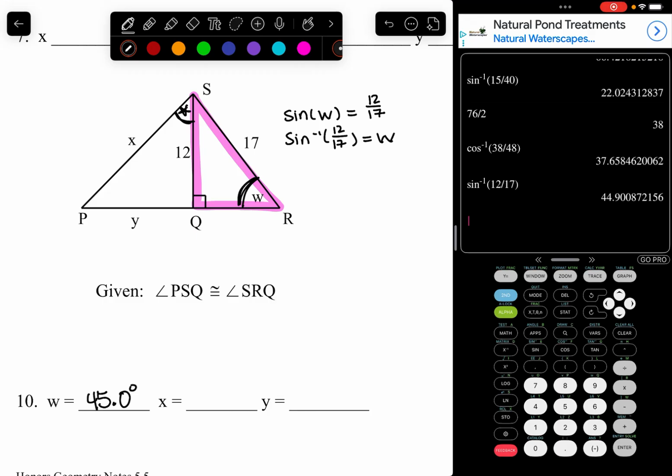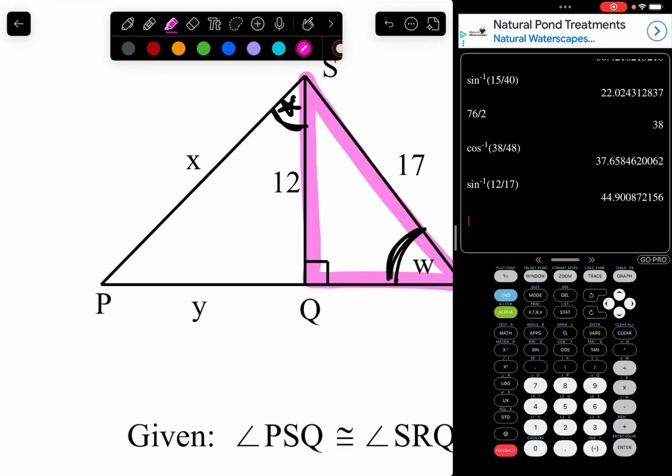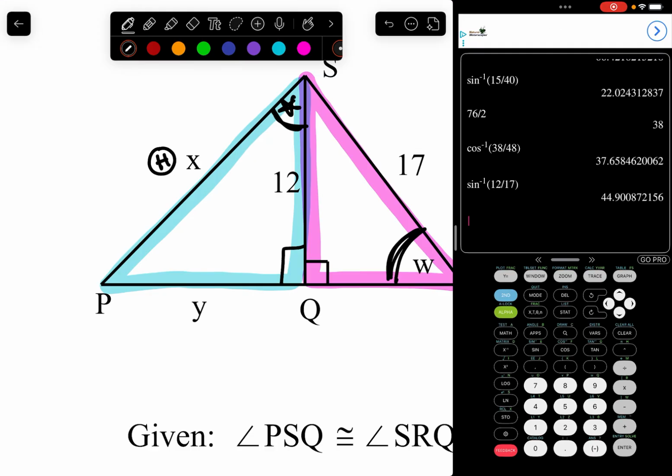Because I need to ensure that I'm using the whole entire angle so that I'm not rounding and then rounding again, okay? So now I'm going to look at this triangle over here, and I'm going to first solve for x. So when we look at this triangle, X is my hypotenuse and 12 is my adjacent side, and then Y is my opposite side.